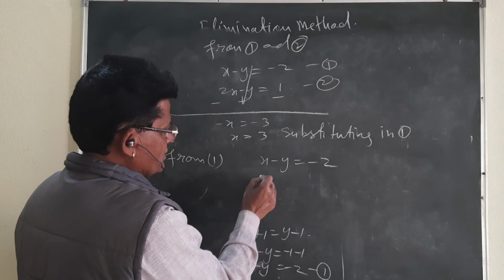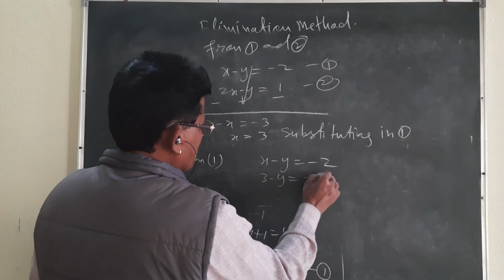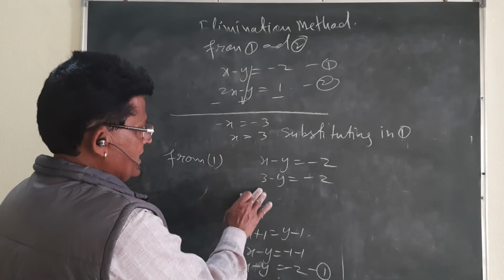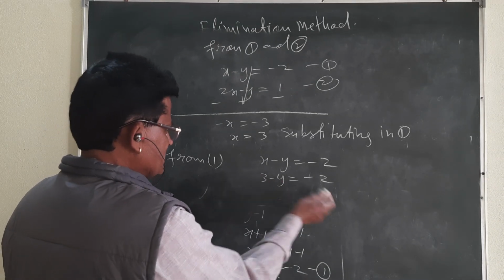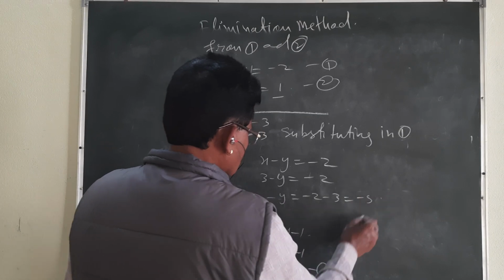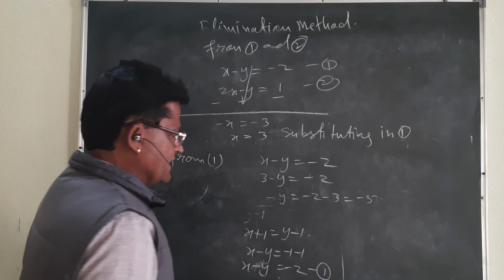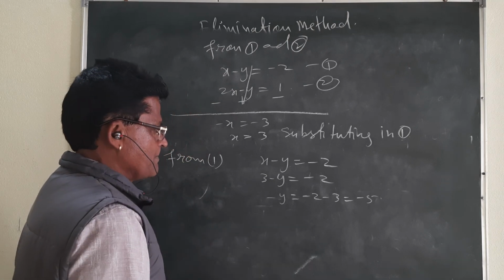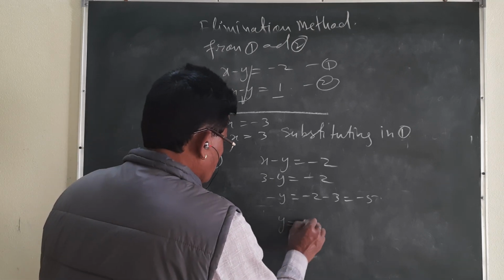And you got x is equal to 3, so you write 3 minus y equals minus 2. See, 3 we are going to take from the left side to the right side. Minus y will be equal to minus 2 minus 3, that is minus 5. On both the sides there is a negative sign. That is why y will be equal to 5.